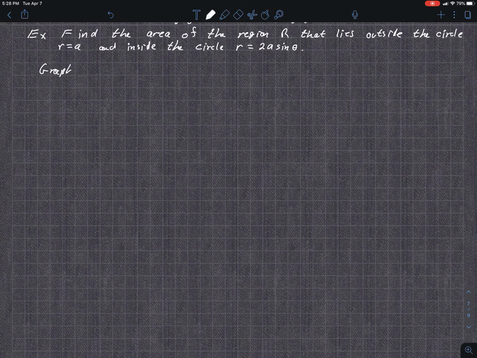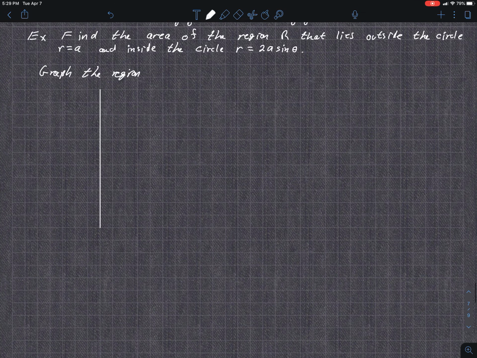So first things first, we need to graph the region. And you'll be able to do this on your calculators if you want, but one's just a circle, and one is a circle that's shifted. So let's do that graph.